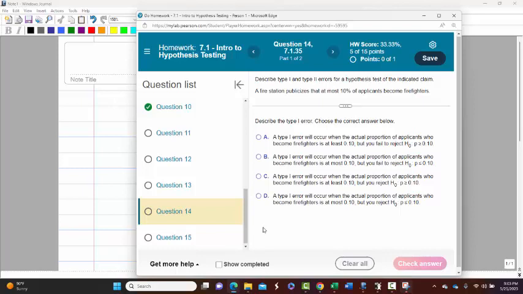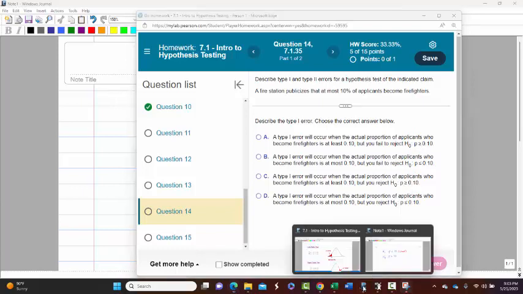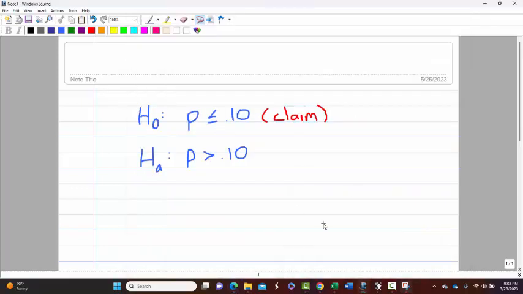So now let's look at this. One thing, if you look right away, is that it's got to be either B or D, because look what it has listed for the H0s. A has greater than or equal to, C has greater than or equal to. But at most definitely means less than or equal to, so that narrows it down right there.